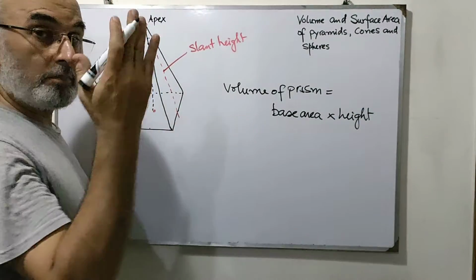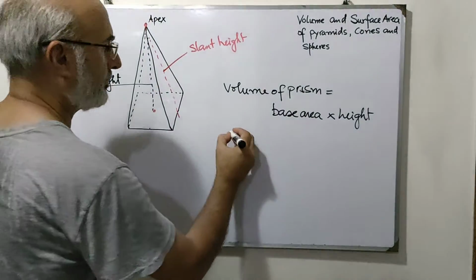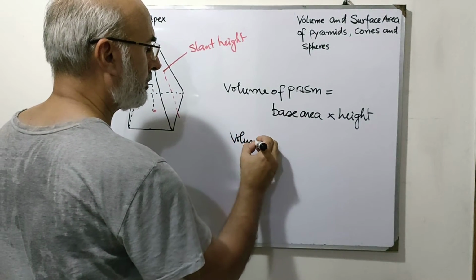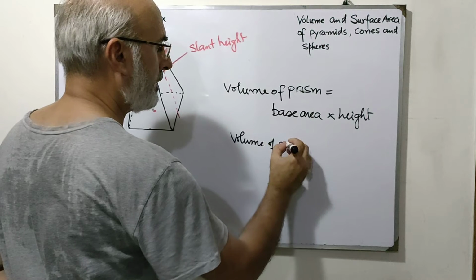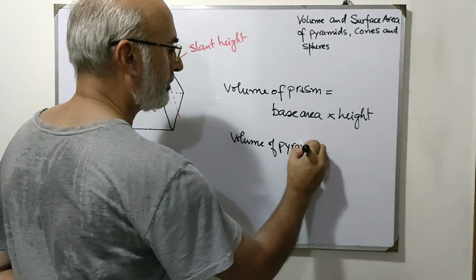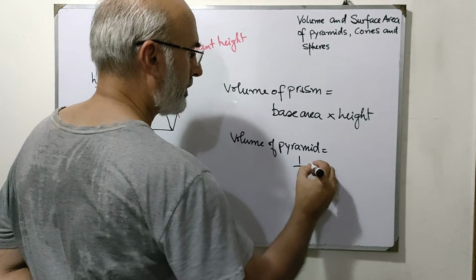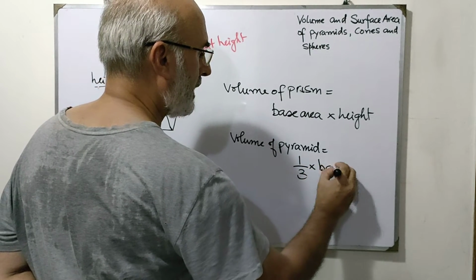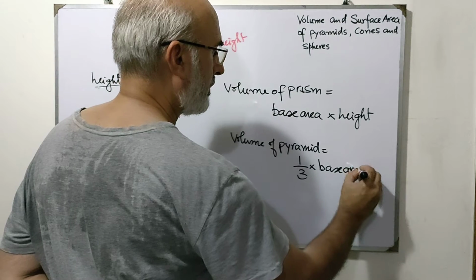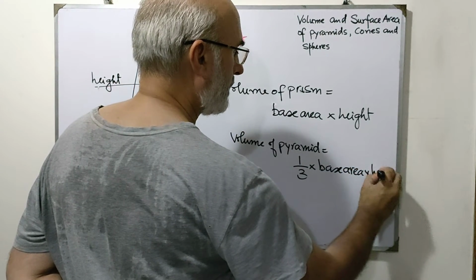Now, when we are coming to the pyramid, the volume of the pyramid is 1/3 into base area into height.